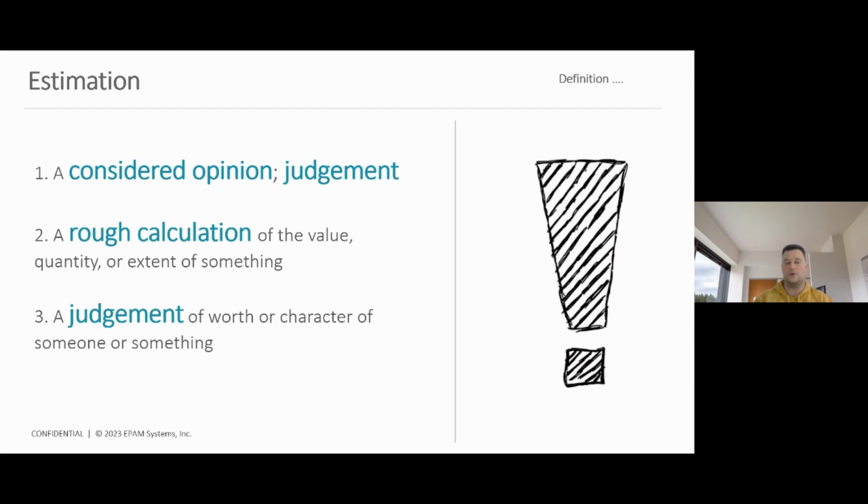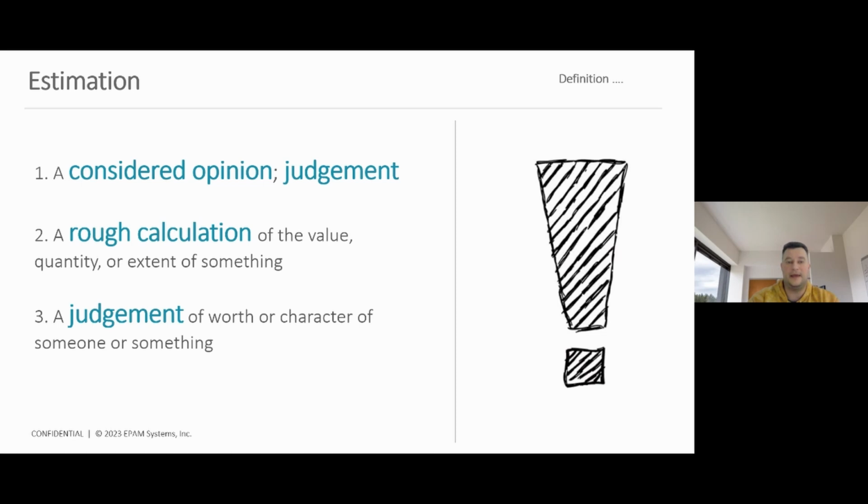And on our way, we need to understand a couple of things related to our behavior generally, and especially in the estimation process. What kind of specifics of our character? First of all, we analyze everything in our life, especially in our work life, any kind of events, information, actions, through the prism of our experience.